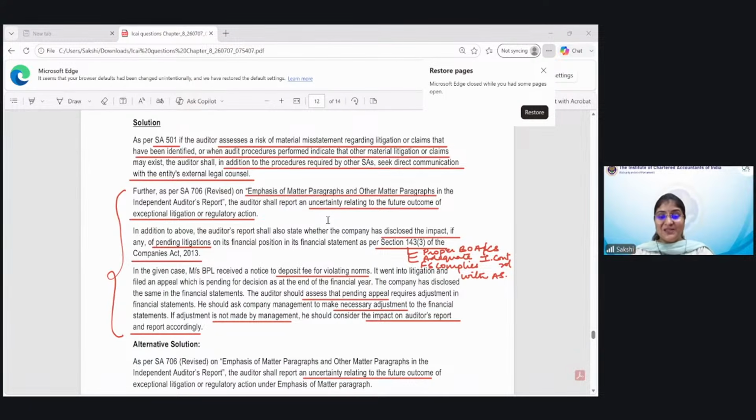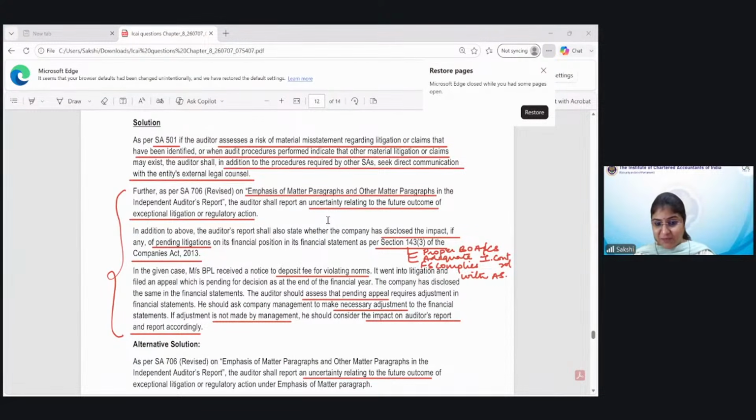All right. So in the given case, Messrs. BPL received a notice to deposit a fee for violating the norms. It went into litigation and filed an appeal, which is pending for decision as at the year end of the financial year. The company has disclosed the same in the financial statements. The auditor should assess the risk and assess whether the pending appeal requires adjustment in the financial statements. He should also ask the company management to make the necessary adjustment.